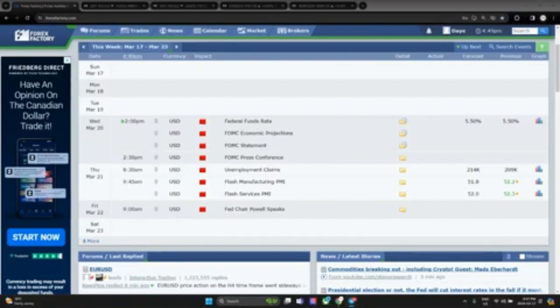So that's fine. So Wednesday, you can see that we have FOMC at 2 p.m. And then again, we have another FOMC press conference at 2:30 p.m. That is not random, right? The span of time that's in between these 3 red folders and this one is not random.